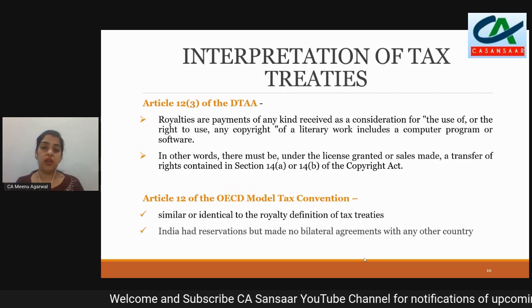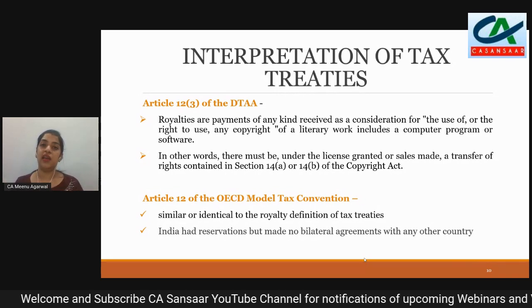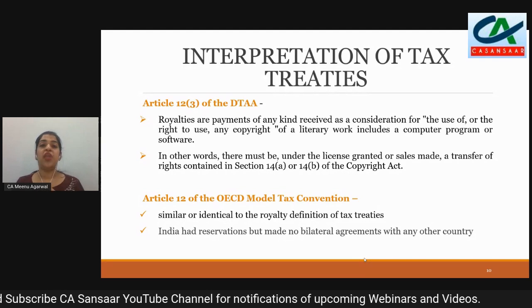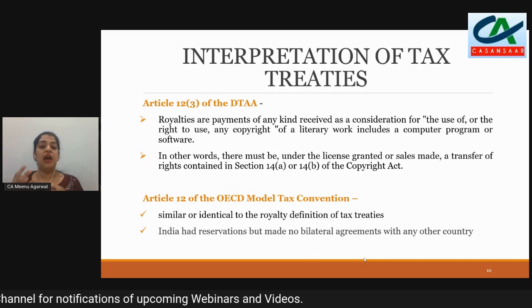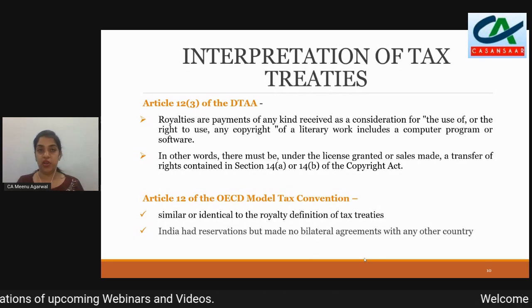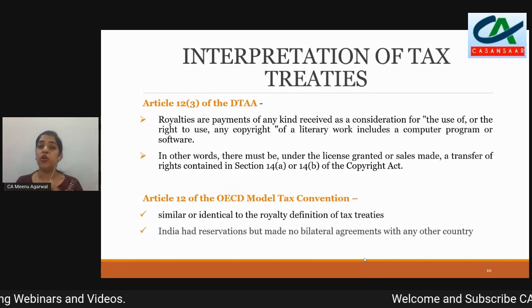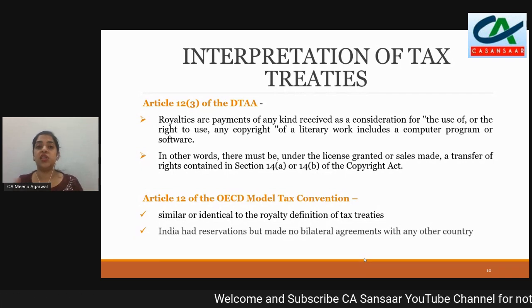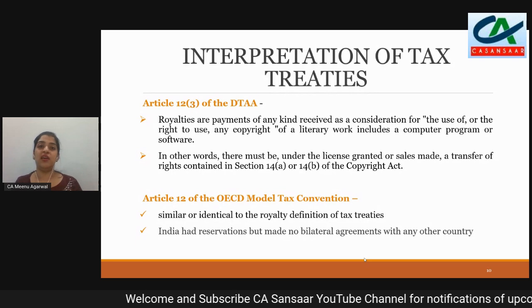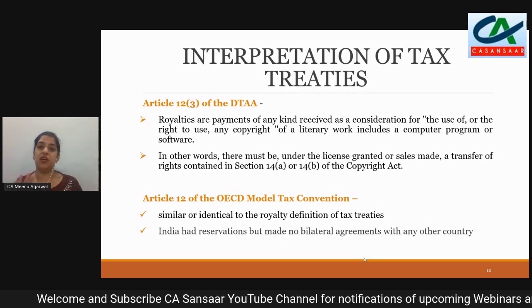But when this commentary was introduced, countries like India and many other countries raised certain objections, and India had certain reservations toward these provisions. But the Supreme Court observed, though India had such reservations, no changes were made in the bilateral agreements entered into by India with other countries.